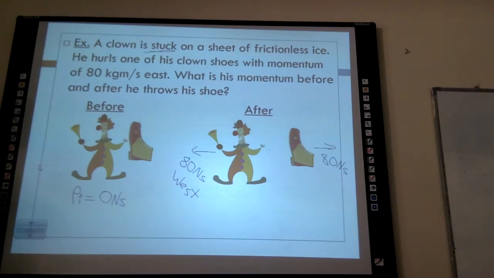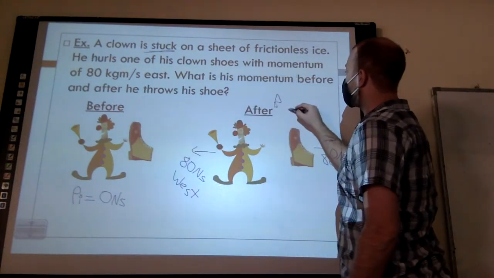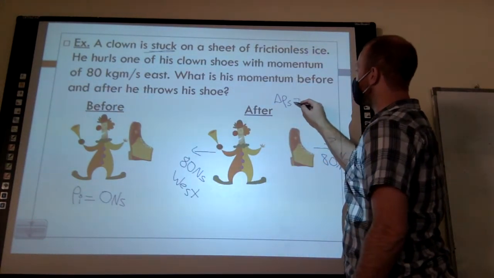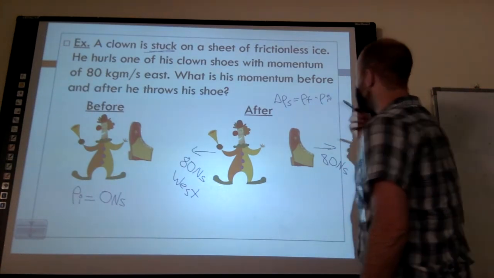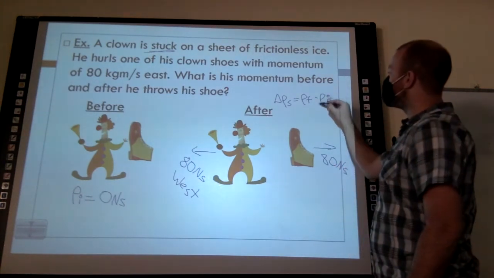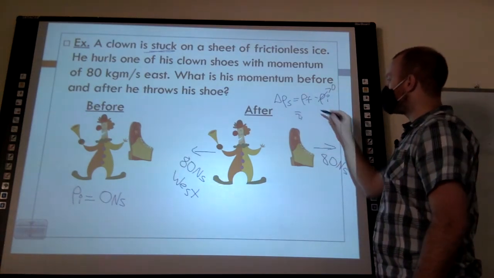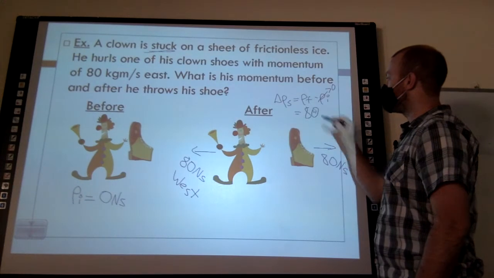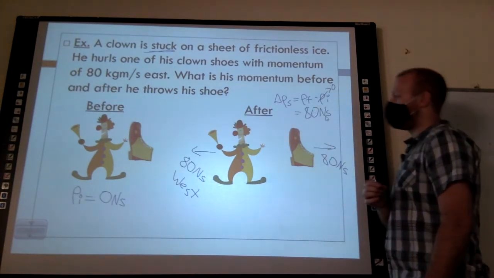So if we were to look at the change in momentum, let's look at the change in momentum of the shoe. So momentum final minus momentum initial. Initially, it's at 0. So the change in momentum of the shoe is 80. And it's positive because it's moving east.